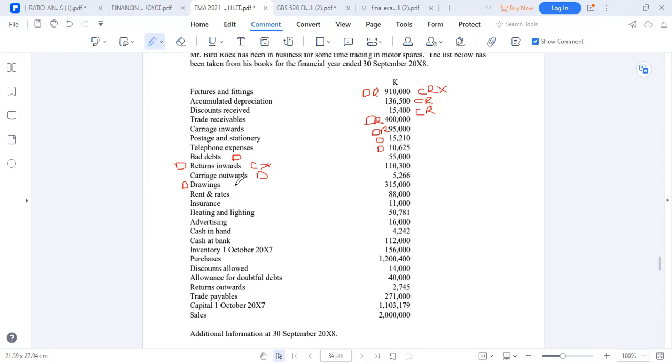What are drawings? These are withdrawals. I think it's money gotten from the bank. Money gotten from the bank. Anyone else? It's like the money gotten from the business for personal use, not to put back in the business. Exactly. That is the correct definition of drawings.